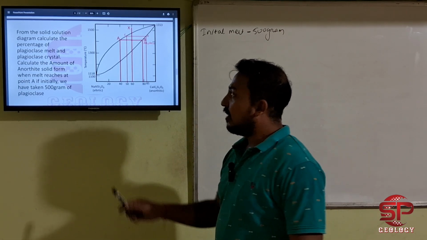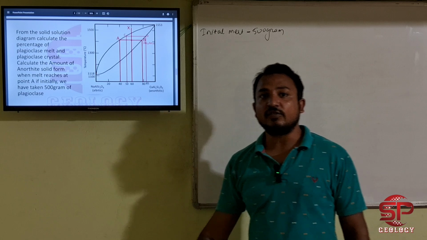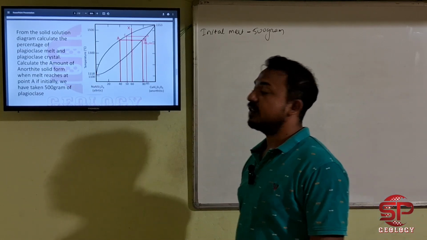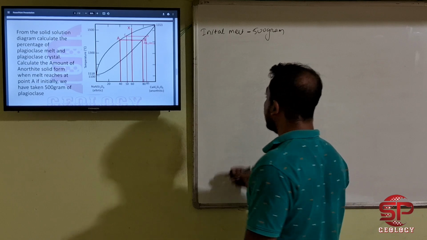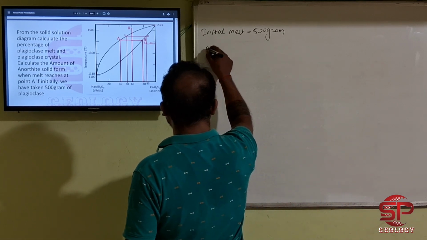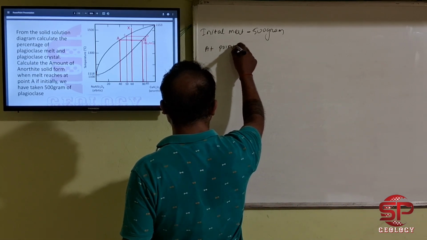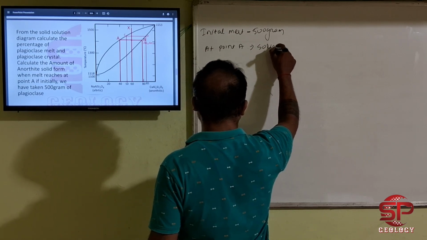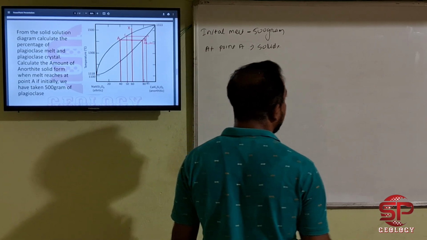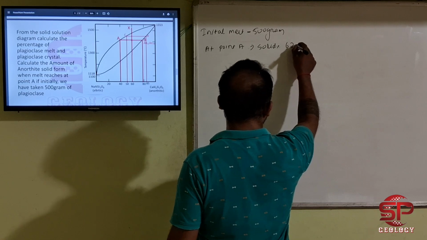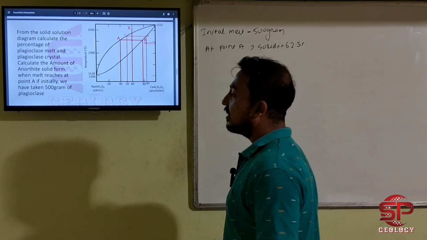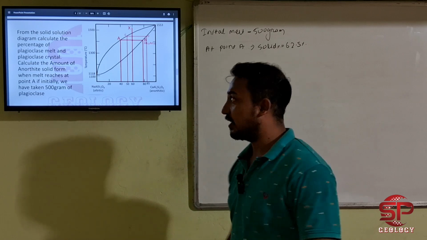You have to calculate how much anorthite solid will form when the melt reaches point A. First we calculate the solid percentage at point A. I have already calculated that at point A the solid percentage is 62.5%.